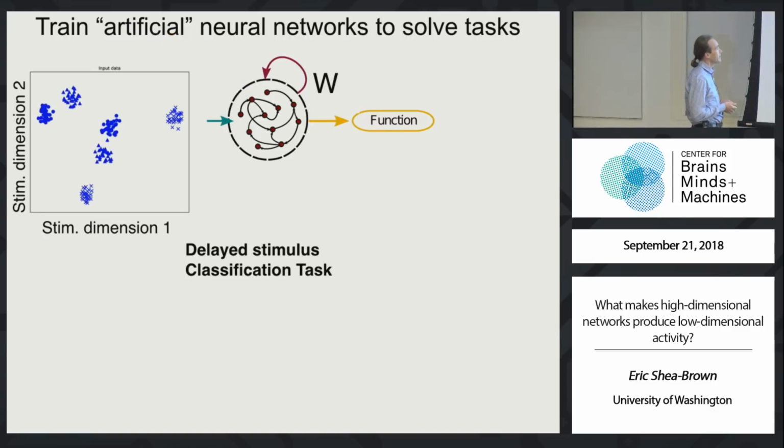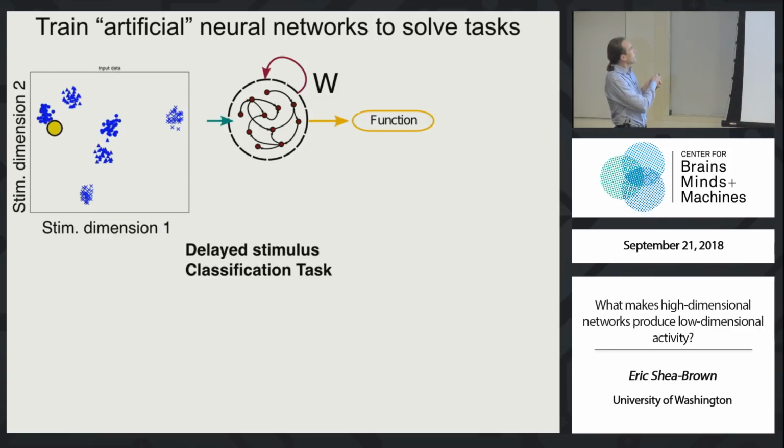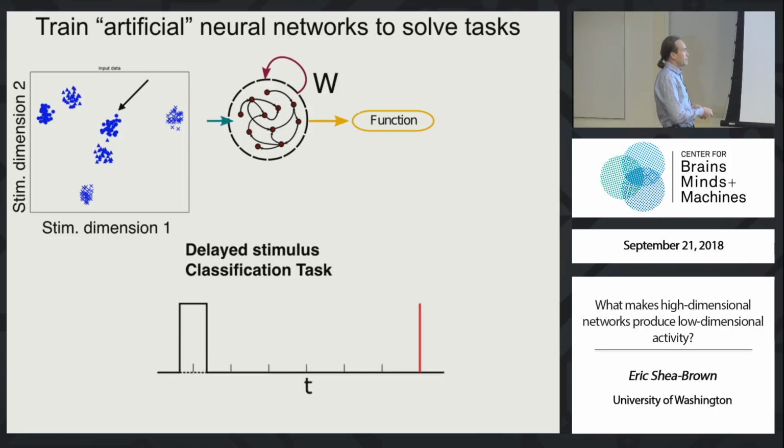So what is that function? The simplest function we could come up with for a recurrent neural network is a classification task. I've got a bunch of stimuli. Here are my pictures of Tommy again, and here's Haim, and here's Chris in the back, as a triangle or an X or whatever. You get it. Vectors come in in pixel space or whatever, and get bounced around in the network for some number of time steps.